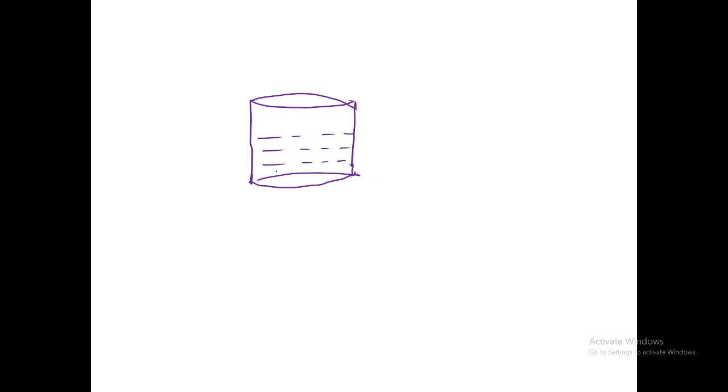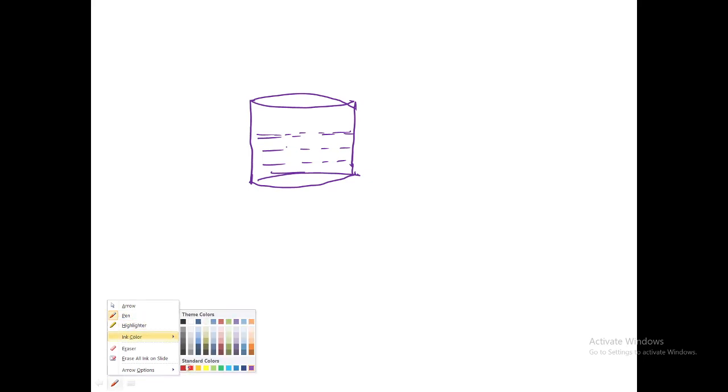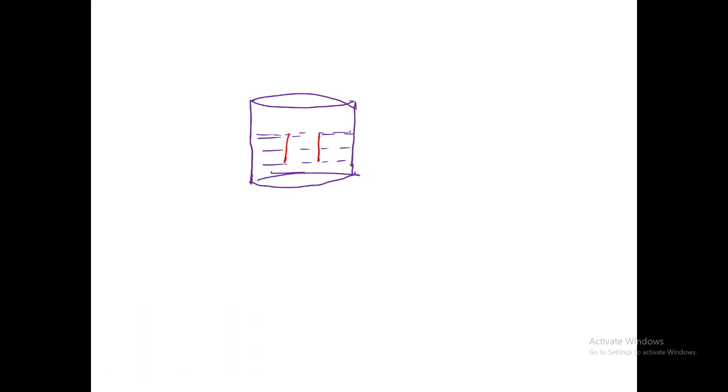Now, one more thing I would like to tell all of you is that suppose this one is a container in which some liquid is filled, and we have considered this is the height of the liquid.